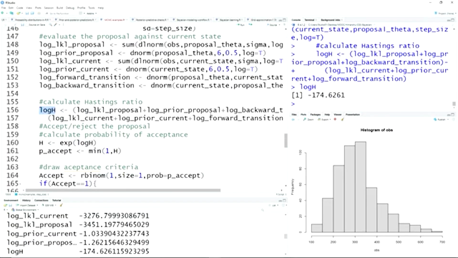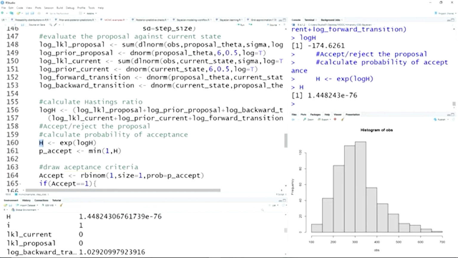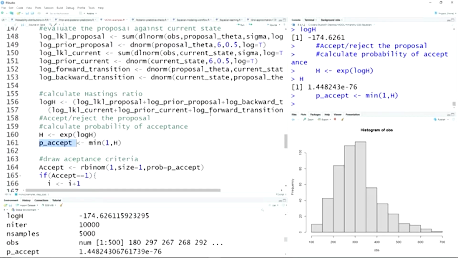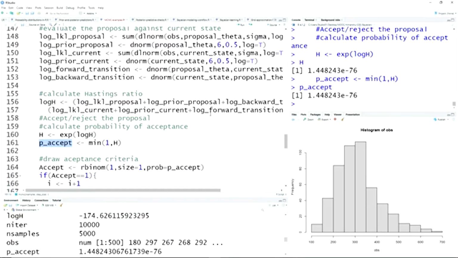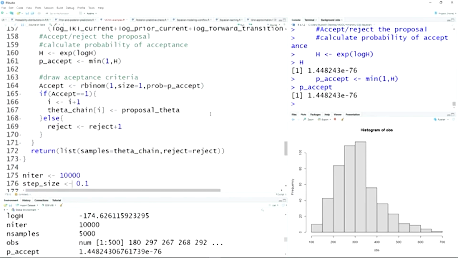So this will give me log h of minus 174, and when I calculate h from this, the h comes out to be 1.44 into e to the power minus 76, right? From this I can calculate probability of acceptance, which is in this case this, okay, and now I can decide my acceptance and rejection criteria.